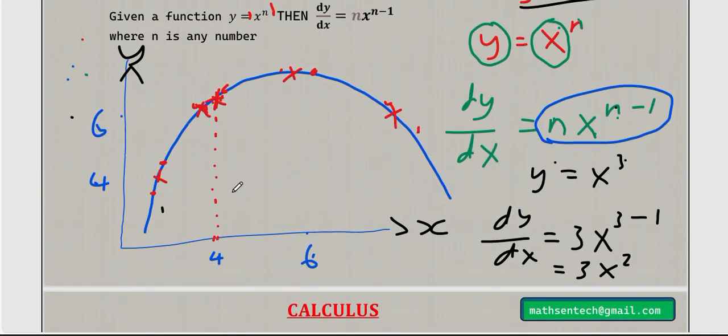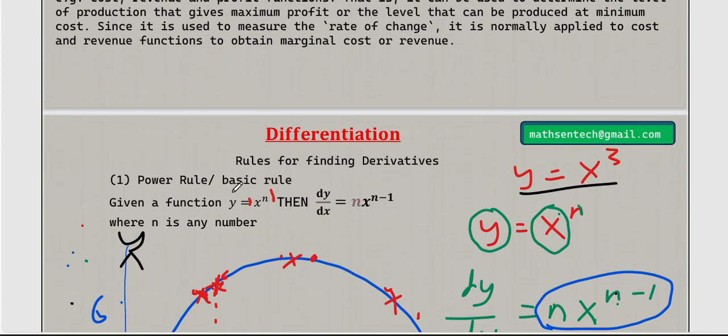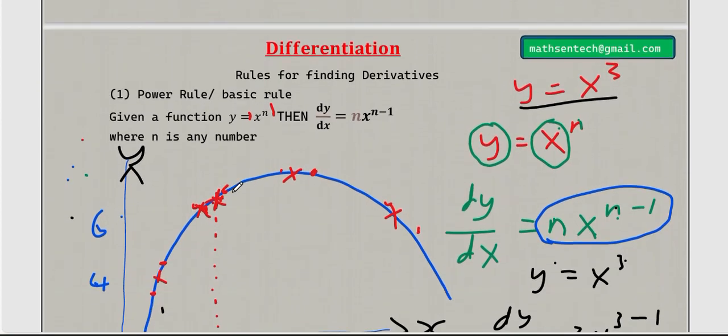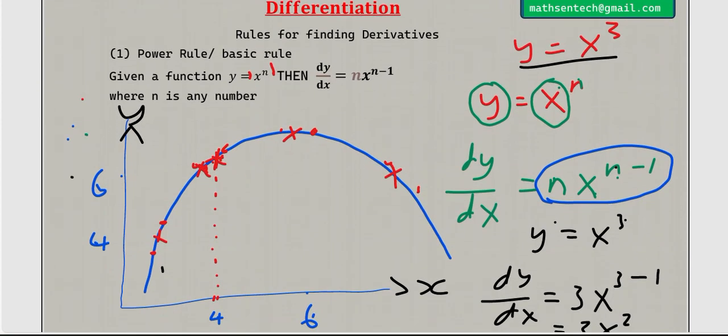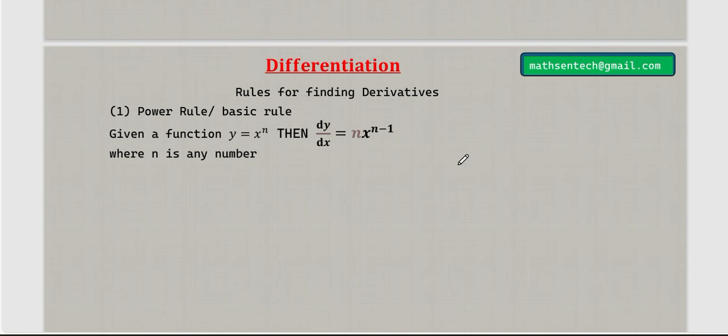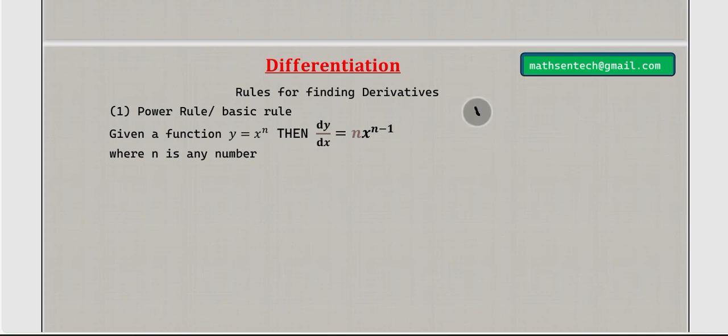This is called the power rule, or generally the basic rule. So we've now done an example with that. We have different types of equations, and they come like this. For example, we have one equation that can be y equals 3x to the power 4. What is this 3?